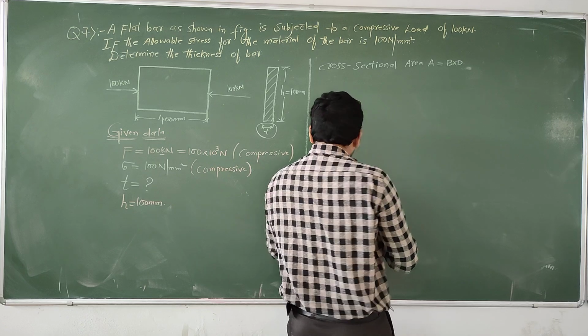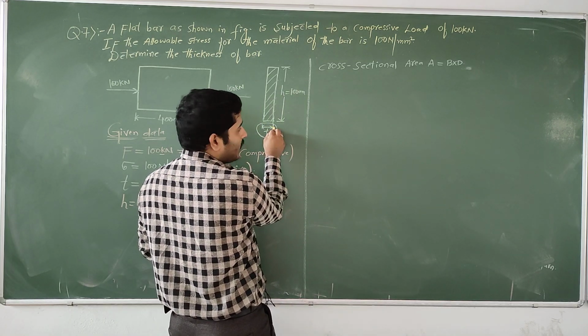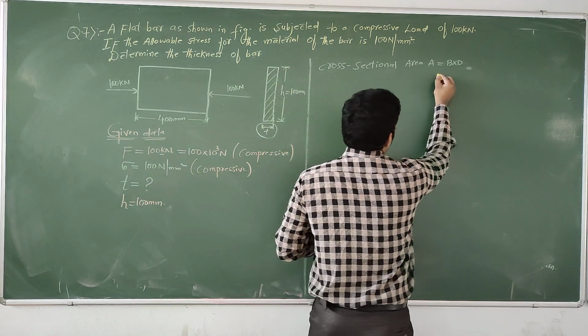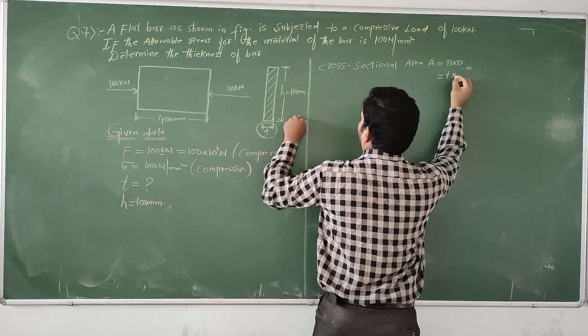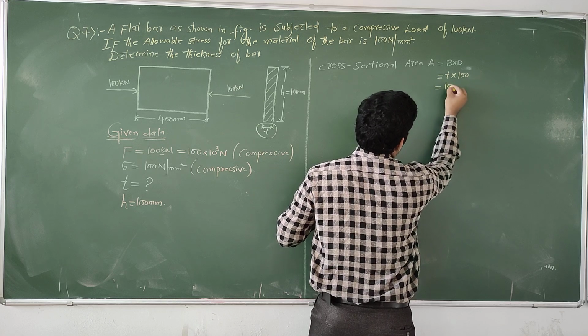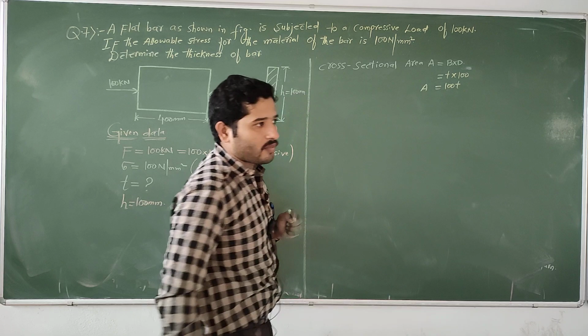We know very well. So breadth is how much is given? Breadth is given as T. Depth is given as 100 mm. So breadth T into depth 100 equal to 100 T. That is the value of area of cross section of the bar.